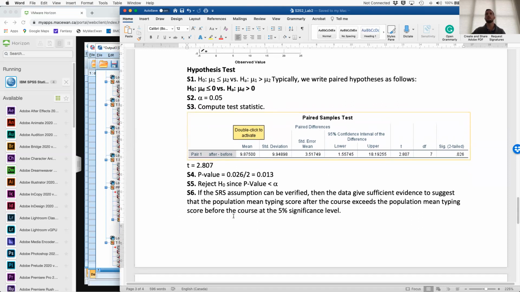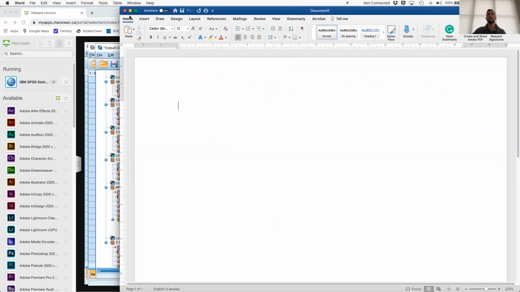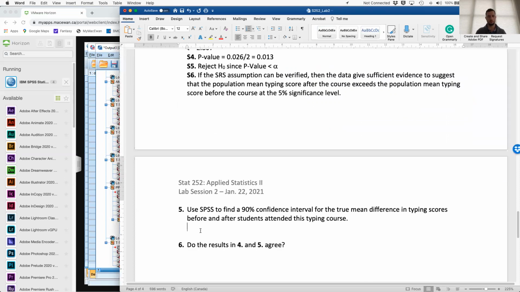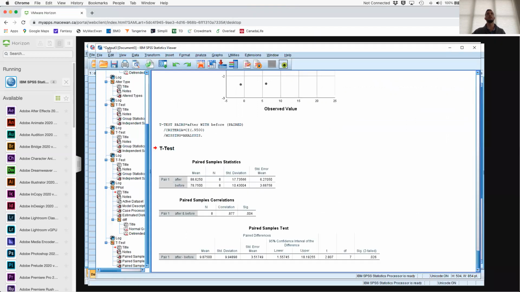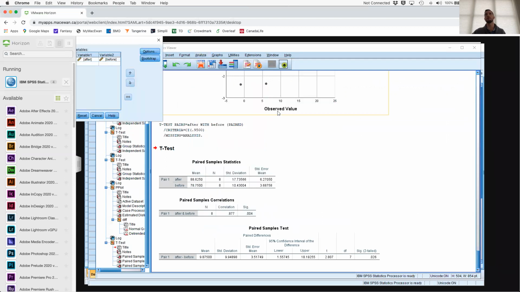All right, in question 5, we want to compute a 90% CI for the true mean. All right, so here, okay, so here we're going to go analyze, compare means, paired samples t-test.